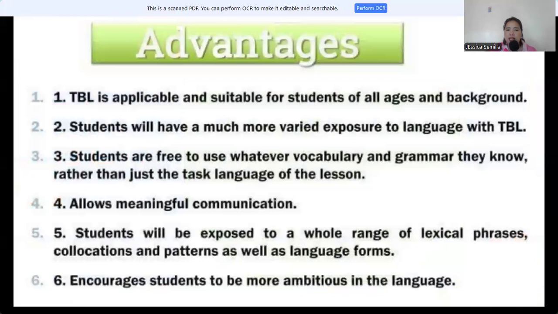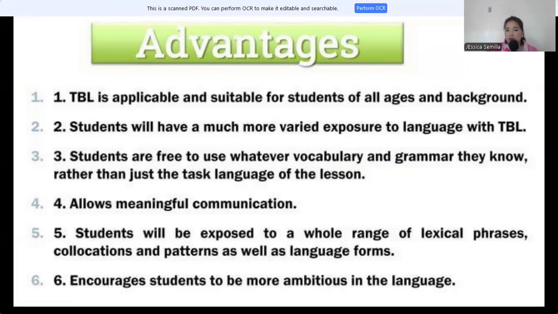All right. So what are the advantages of TBL, or the task-based learning approach? This is applicable for students of all ages and backgrounds. However, if there are different levels of learners, it is better that the task-based work be done in groups. Another advantage is that students will have a much more varied exposure to language with TBL because it's a communicative approach.